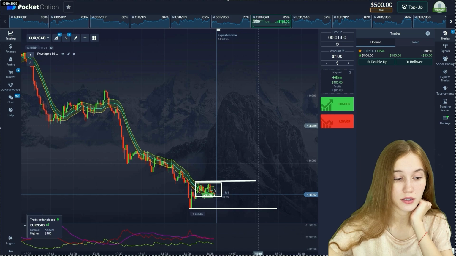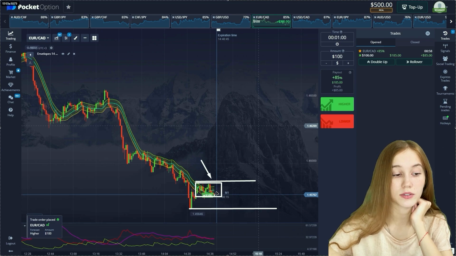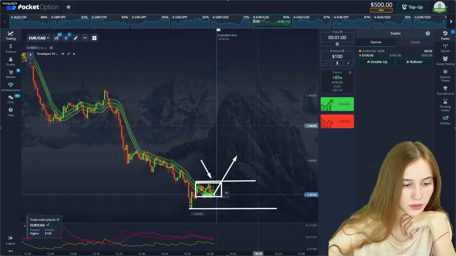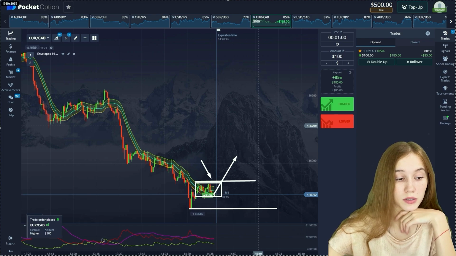We see this, and it's logical and simple. Next to the candles, we see what situation is here. So it's okay. What we see next? I think it will grow. Let's move on.